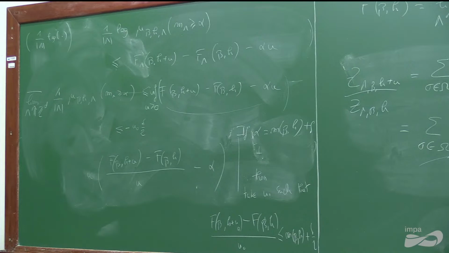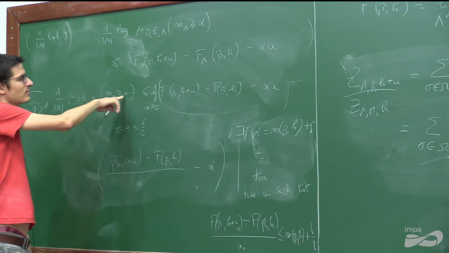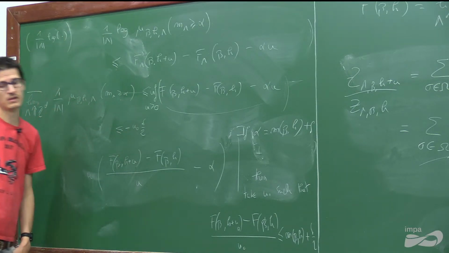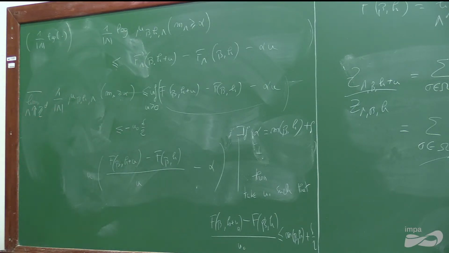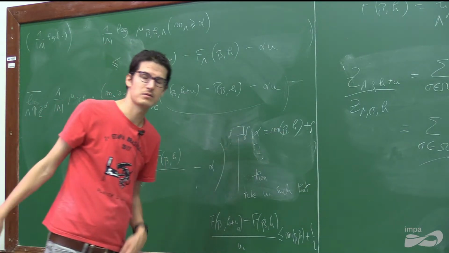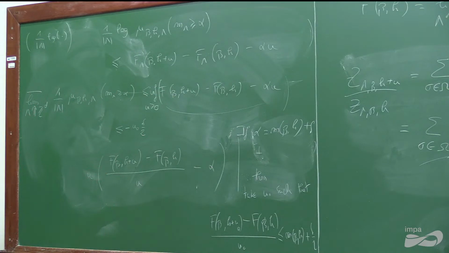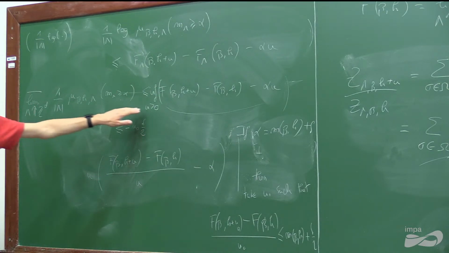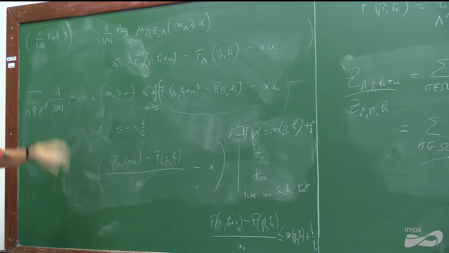And you can see that this works only if alpha is larger than m beta h. If not, there is no hope to get anything here, because this infimum will be 0, so you will just get the probability smaller than 1, which is not very interesting.